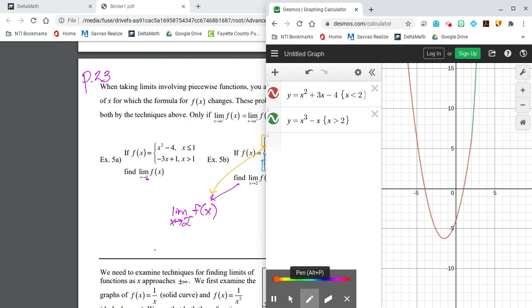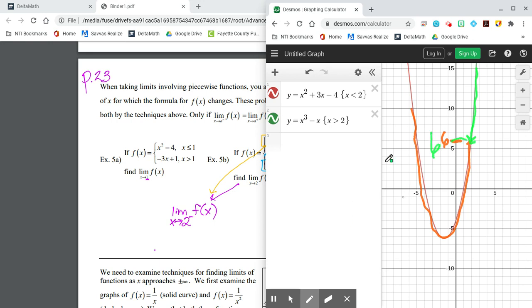If I want to approach 2 from the left, that's this red graph. The x values approach 2 from the left, and the y values approach this number right here, which happens to be 6. And then as the x values approach 2 from the right, the y values seem to approach the same number. They also approach 6.